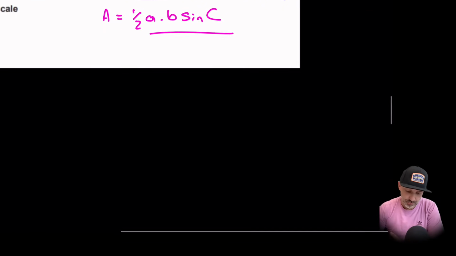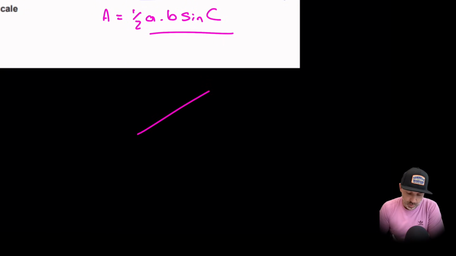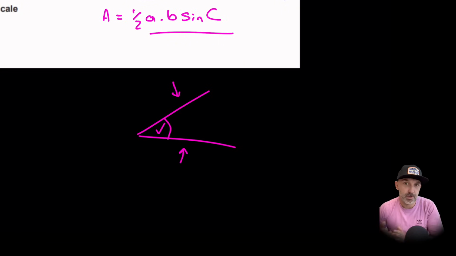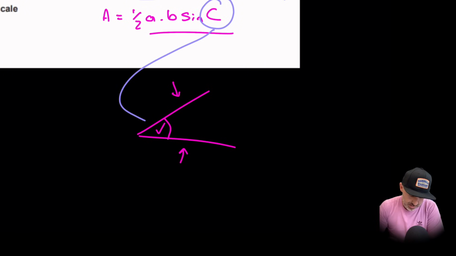No matter what the triangle is labeled as, you want this angle inside here, and then the two corresponding sides that converge to that angle. Regardless of what it's labeled as, let's call this angle C, and then the two corresponding sides, A and B, will be here and here.